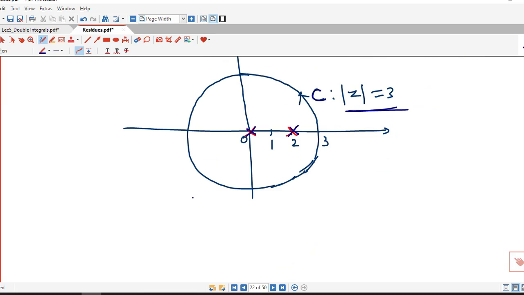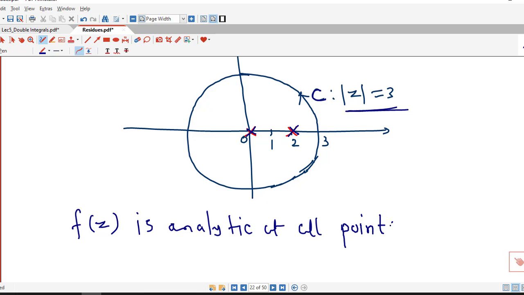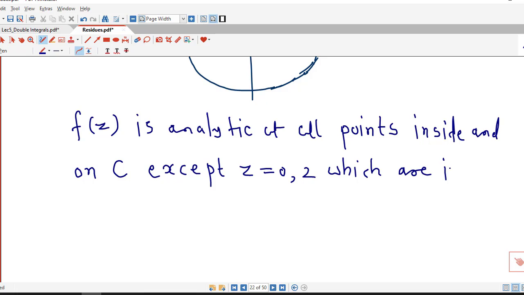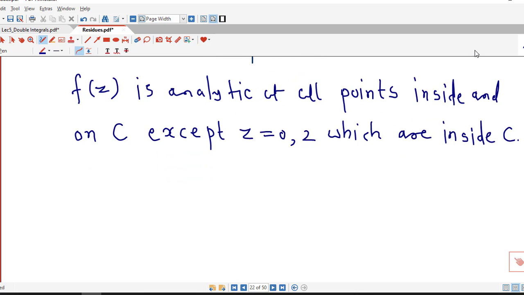So we can write more precisely that f of z is analytic at all points inside and on C except z equal to 0 and 2, which are inside C. Therefore we can apply Cauchy's residue theorem.